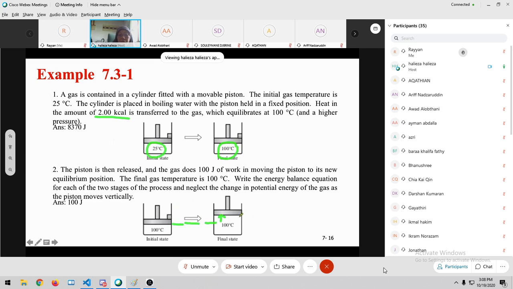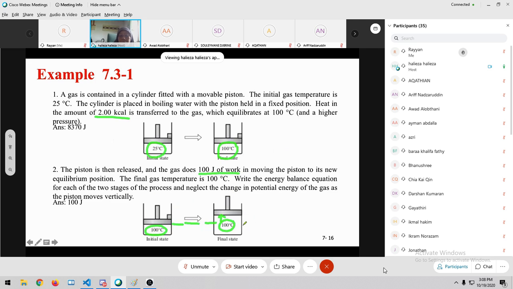So now there is a bigger volume, but still the temperature is the same. There's no change in temperature. It's just that there is work being done by the gas. The gas does work, which is 100 joules.